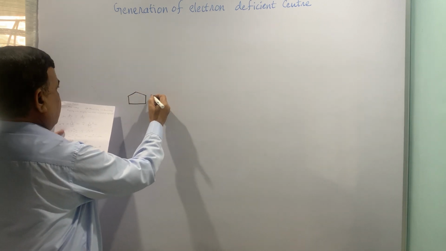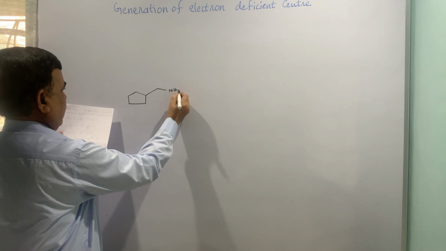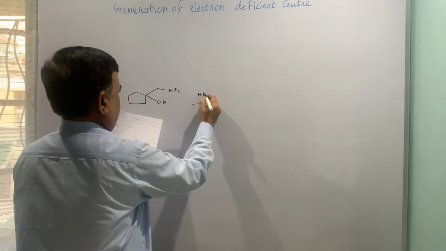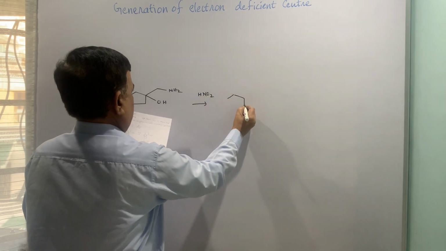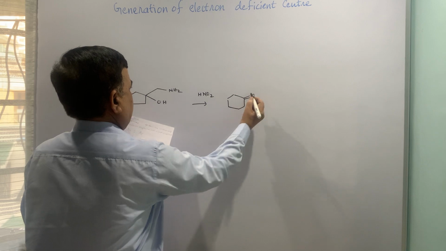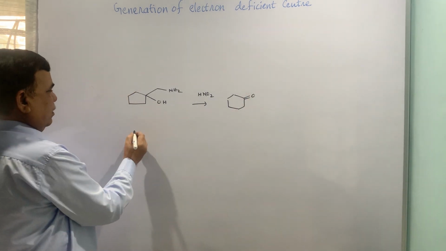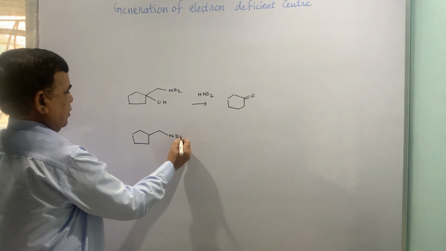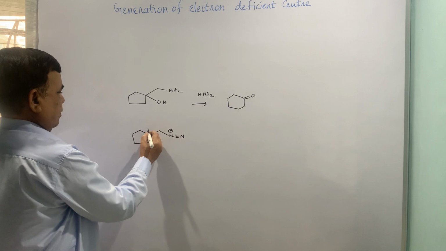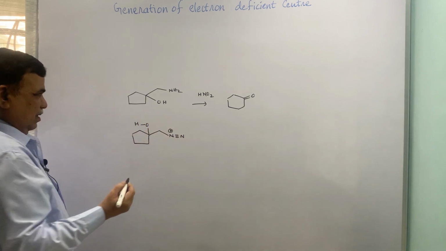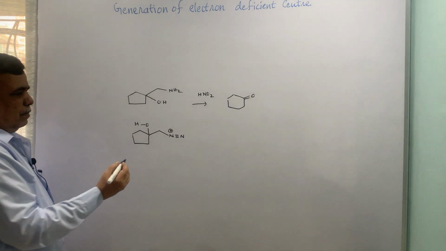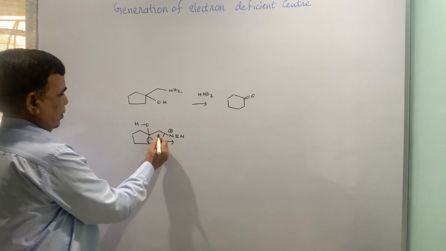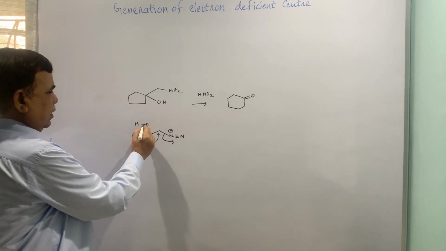Another example, wherein CH2NH2 and OH is treated with HNO2, and you will be getting the 6-membered ring with this. So initially, as we have shown earlier, this becomes a diazonium ion. I am just putting OH for the sake of convenience. When this goes off, this becomes electron deficient, this group migrates, this comes here.